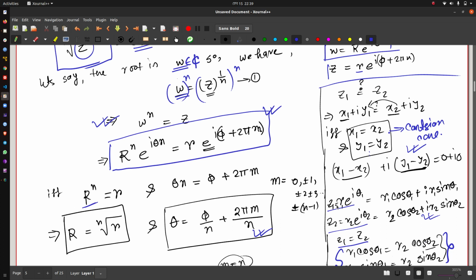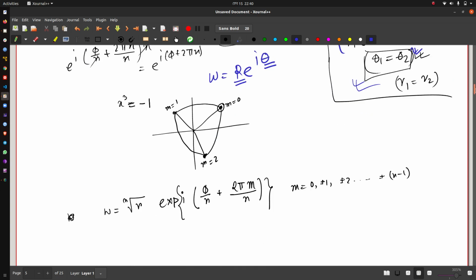If you go beyond that, then what happens is that you get the same root again and again. This is again easy to show. If you just put m equals n, there would be a factor of 2 pi, so theta would pick up a factor of 2 pi. There is an i in front, and e to the power 2 pi i is just 1.